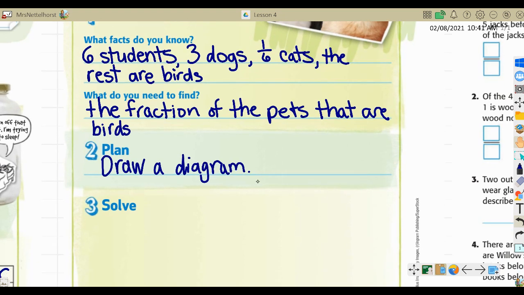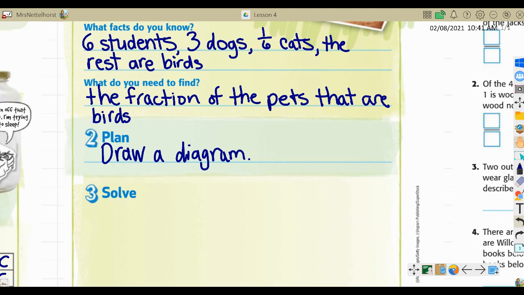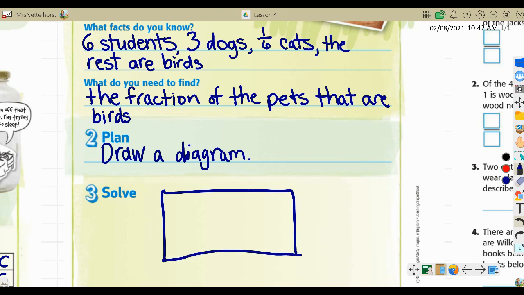I have 6 students, so every student brought a pet. So I'm going to draw an array with 6 parts in it. Okay. So 6 is an even number, so I can divide in half. But if I go in half again, I'm going to have 4, so it's going to mess me up. So what I'm going to do is 2 times 3 equals 6.